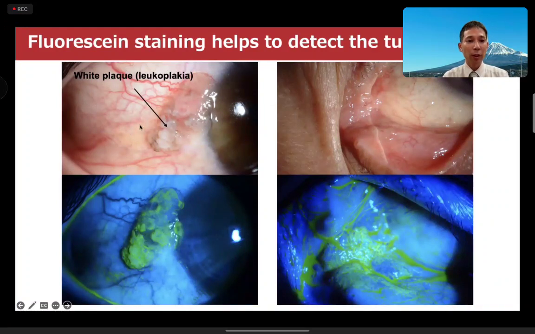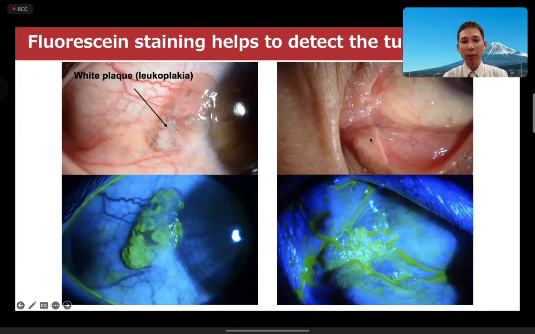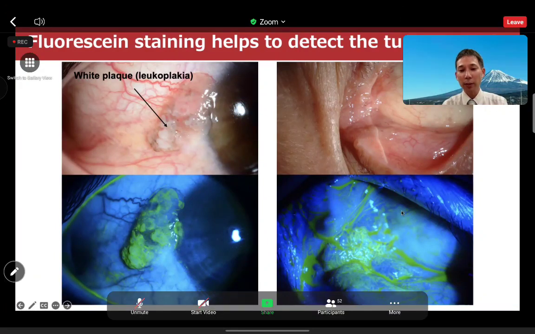Here, in the picture on the left, you can see the tumor margin easily. But in the picture on the right, it is sometimes very difficult to detect the tumor margin.